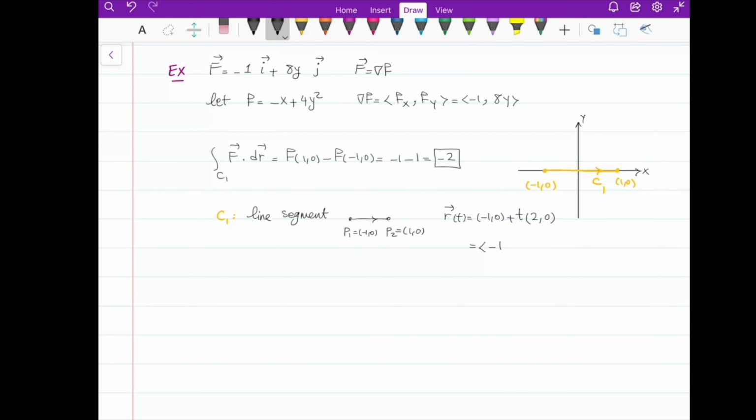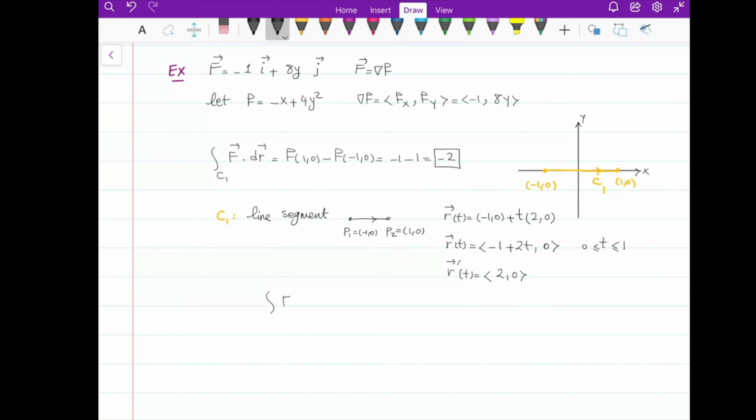So I get r of t equal to negative 1 plus 2t, and 0, where t is between 0 and 1. That's the parameterization I chose. So r prime of t, the derivative, is 2 and 0.